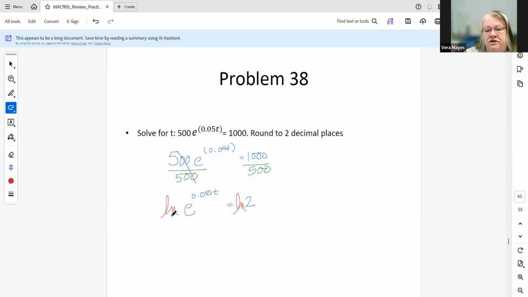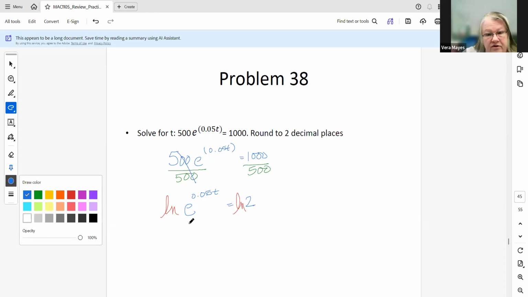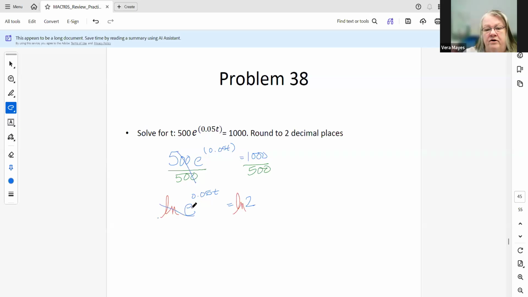And the reason I chose to take the natural log is that these are the ones that are inverses of each other. Like squares and square roots, they are the inverses of each other, they cancel each other out, however you want to think about it. So here we go. These guys cancel.